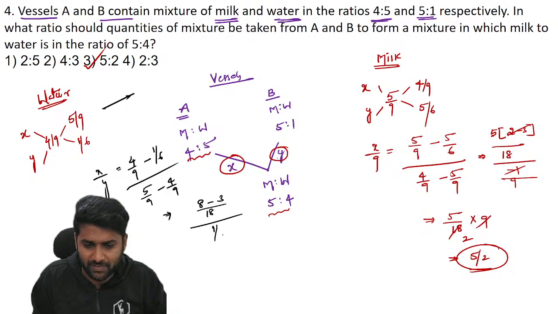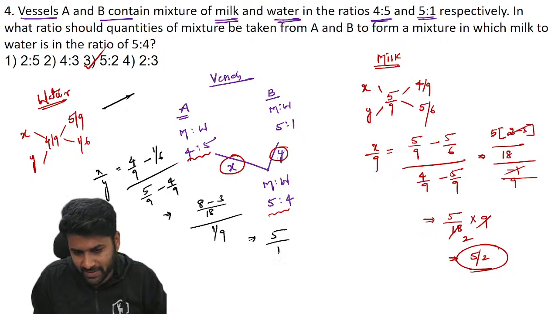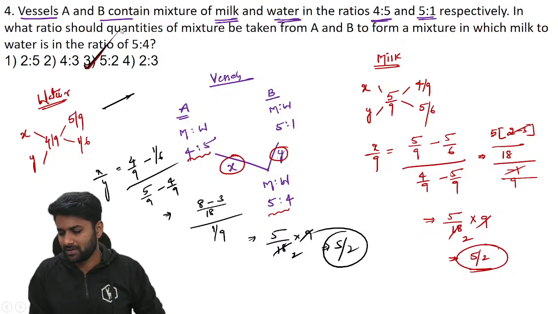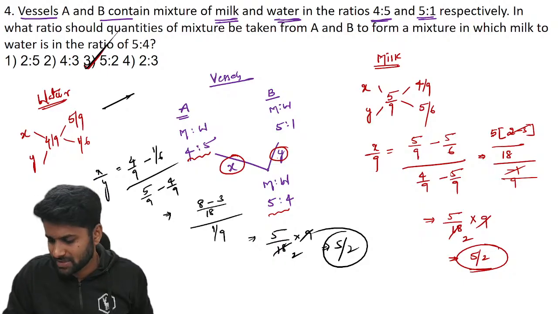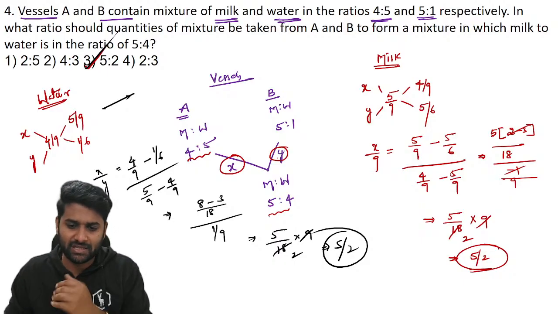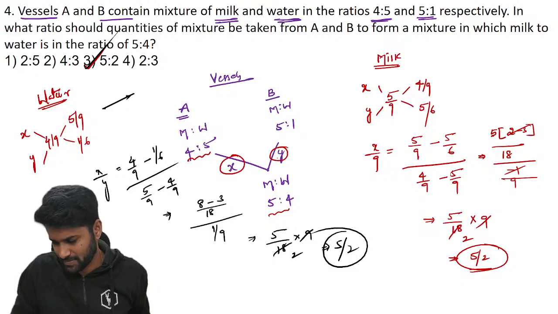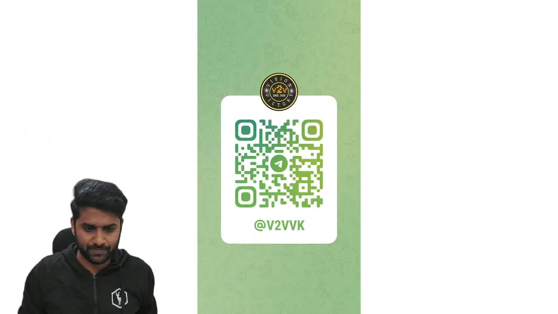Same way, 5 minus 4 by 9 is 1 by 9. So the answer is 5 by 18 multiplied with 9, exactly 5 by 2. The respective ratio is 5:2. So you have to separate that information and consider it as an individual quantity. Either you separate the milk values or the water values, the final resultant must be the same. Hope you understand the approach.